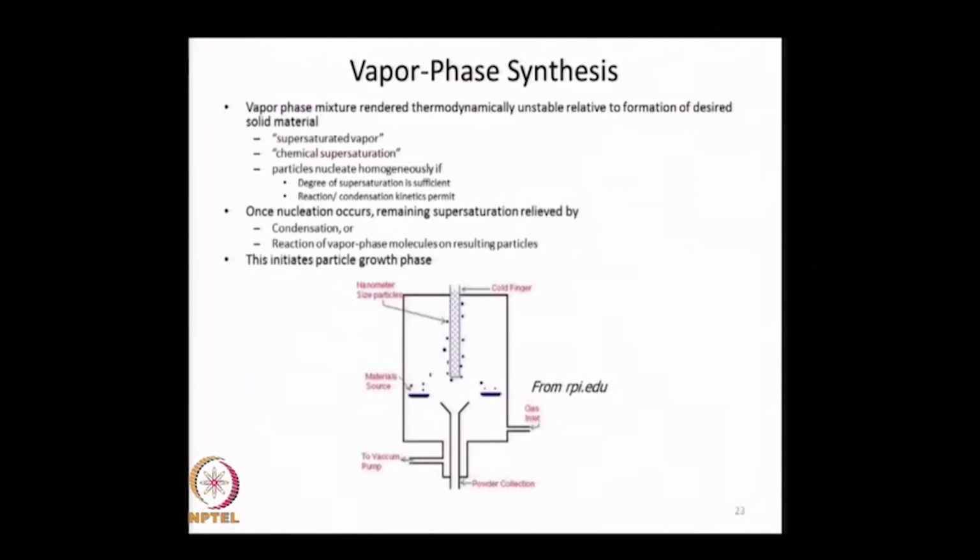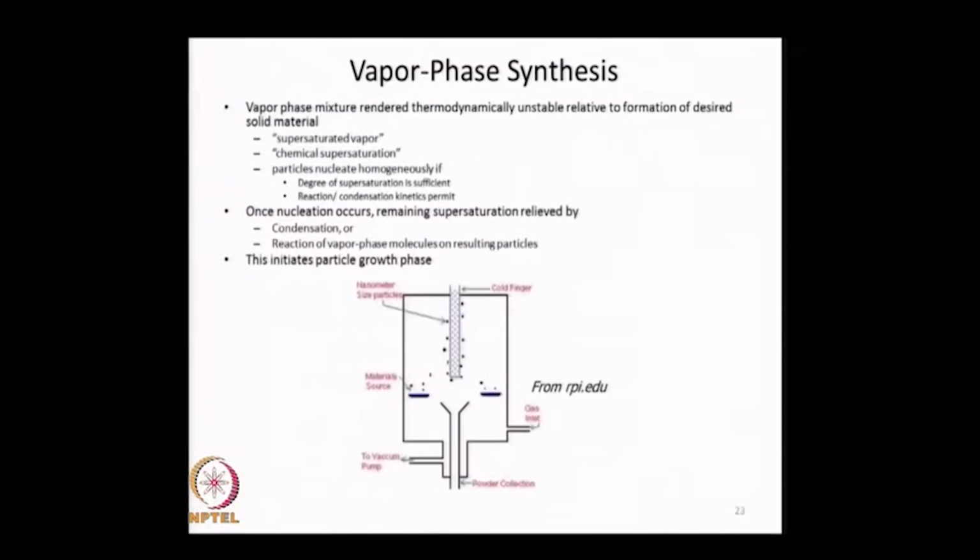So, the way that you make a saturated vapor phase unstable is essentially by providing sudden cooling. In the example that is shown here, this is done by inserting something called a cold finger into this mixture, which immediately results in the formation of these nano sized particles from the vapor that is present.